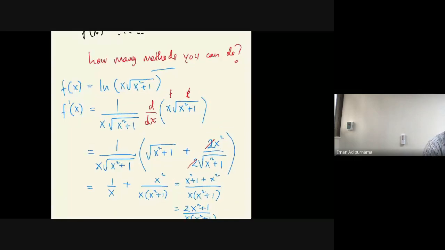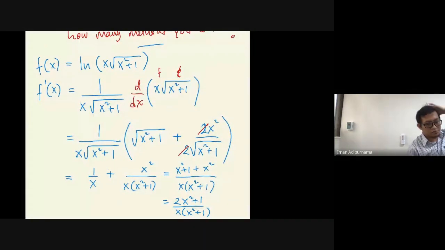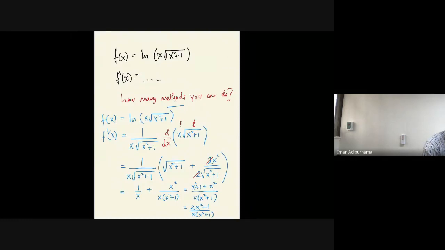Okay, we get the answer: 2x squared plus 1 over x times x squared plus 1. Okay. So I mark this as our first method. This is the direct approach. I will say that this is pretty much all our calculus, because you are directly doing the chain rule. So this is the chain rule.